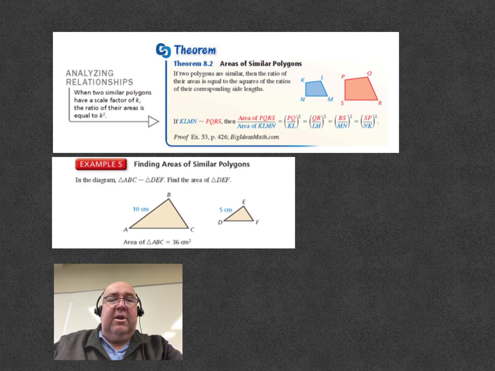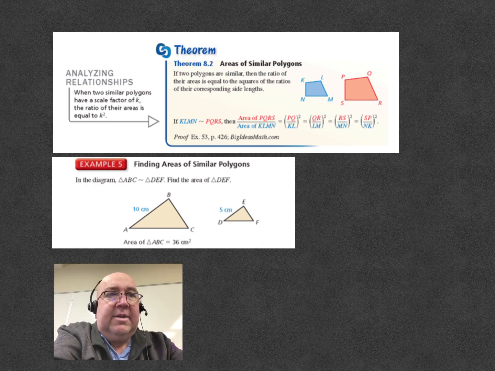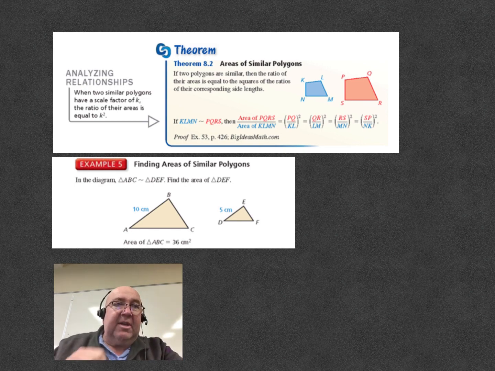Alright, so now we have areas of similar polygons, which also have the same proportional ratio as the sides of the polygons.